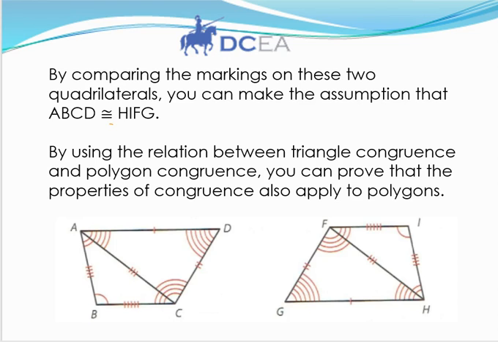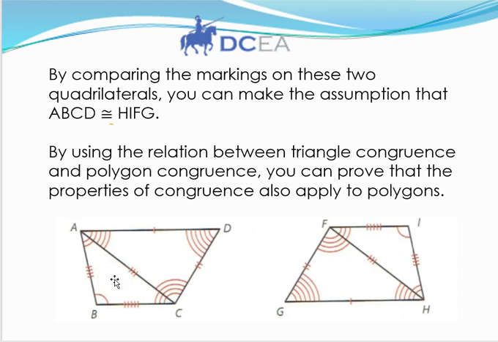Let's take a look at some quadrilaterals here. By comparing the markings on these two quadrilaterals, you can make the assumption that ABCD is congruent to HIFG. If you were to flip these and also rotate them, one of them would fit on top of the other.